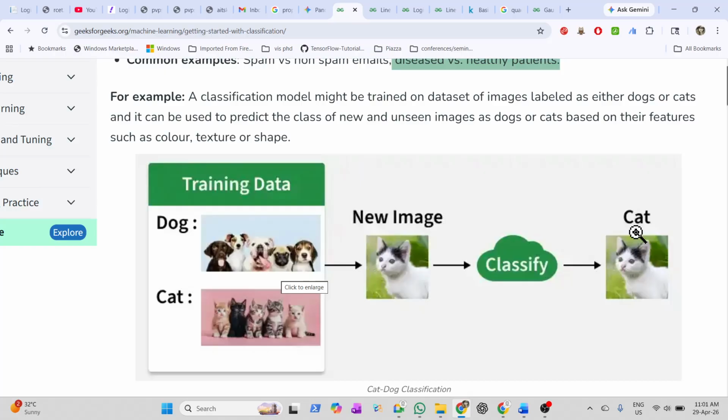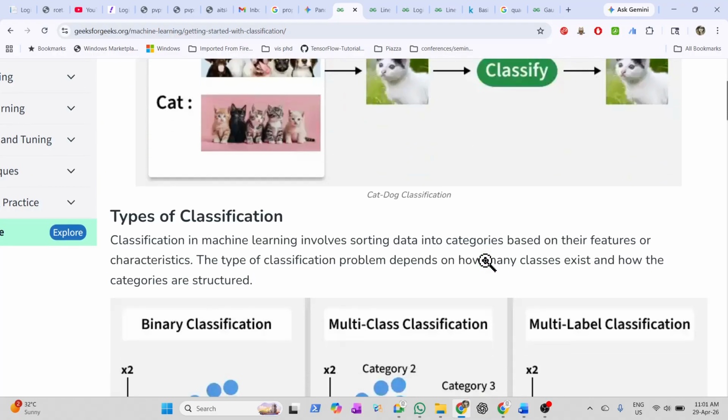Sometimes our ML model might not correctly classify and can predict incorrectly as dog. That can also happen. In this example, it is doing correct classification.